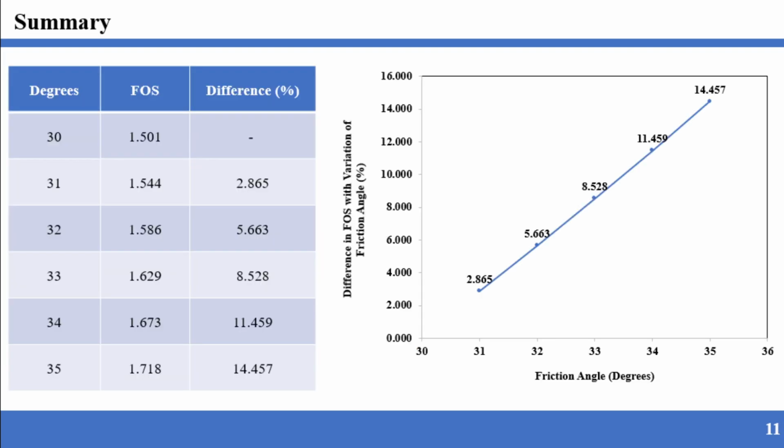The summary says that with the increase in the angle of internal friction, the factor of safety will increase. That is the first point. And the second point, if we make an error of 1 degree in the angle of internal friction, it will lead to a 2.86% error in factor of safety. And by mistake, if we consider plus or minus 5 degrees of angle of internal friction, that leads to an approximate error of 11.45% in factor of safety.